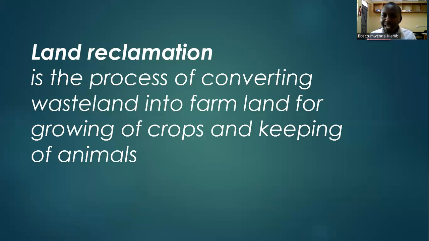The piece of land that is involved in this case was maybe a desert, and then that desert is brought back or is converted into useful land in such a way that you can grow crops and you can keep animals there.